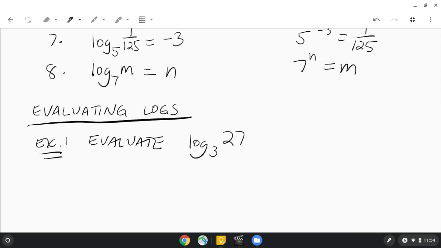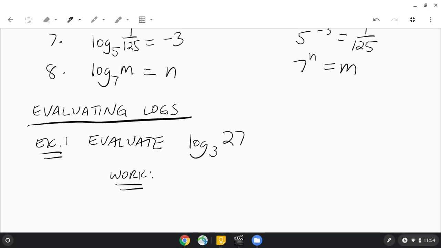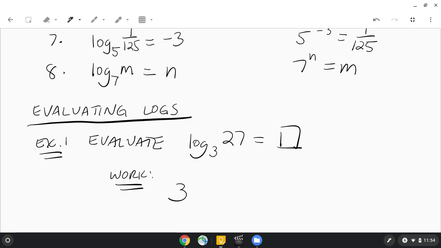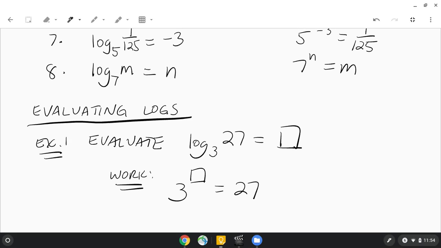Okay, so we know that what should go on the other side is the exponent. So what we're actually trying to look for is, if I look at this in terms of exponentials, then that answer should be the exponent of 3 that will give me 27.